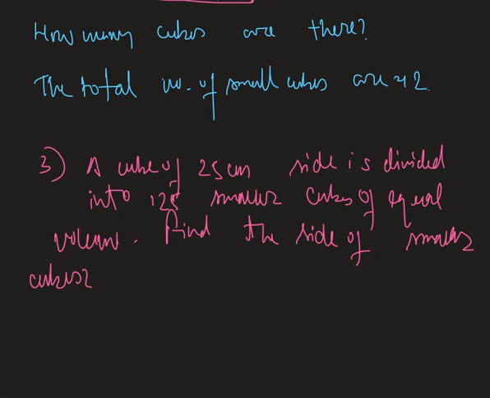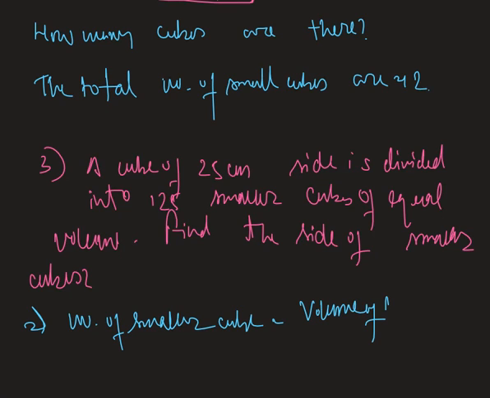So let's start the solution. The number of smaller cubes is basically the volume of the bigger cube divided by the volume of the smaller cube.